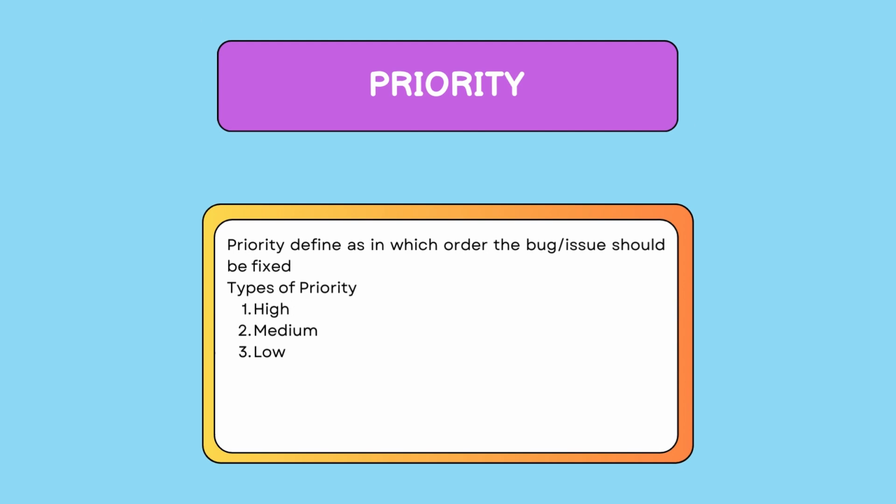Let's move to the next term, that is priority. Priority defines in which order the issue or bug should be fixed. Suppose you found one bug, let's take one feature, the submit button. Suppose the submit button is not clickable, then you have to decide its priority.